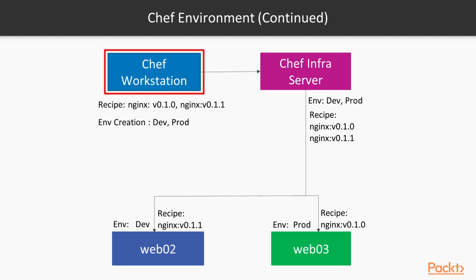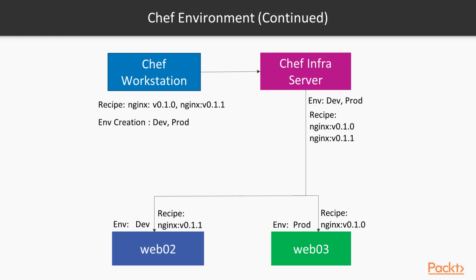We have Chef Workstation, Chef Infra Server, and a Web Server 02 and Web Server 03. I have created a recipe. The recipe has different versions of the Nginx recipe, 1.0 and 1.1. And I create two different environments called dev and prod. I update these details on the Infra Server. I have the environments created, and I have the recipes uploaded to the Infra Server.